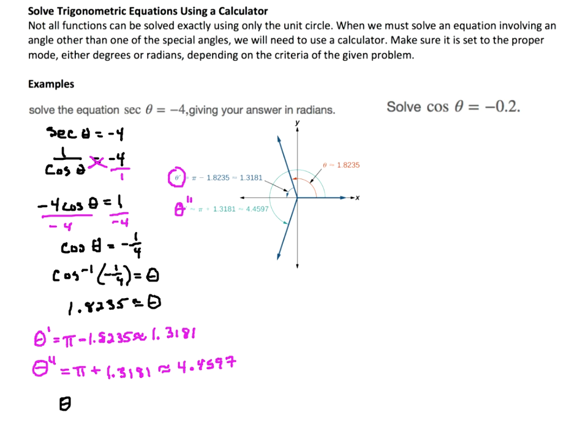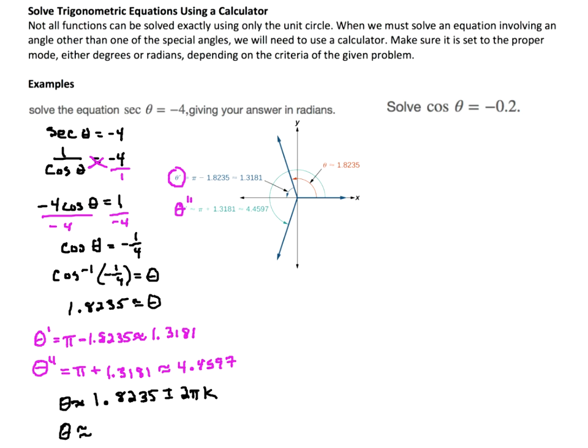So theta is approximately, because we did have to approximate those decimals, theta is approximately, the first one we found, 1.8235 plus or minus 2 pi k. Cosine's period is 2 pi, so that's why we add or subtract 2 pi k instead of just pi k.